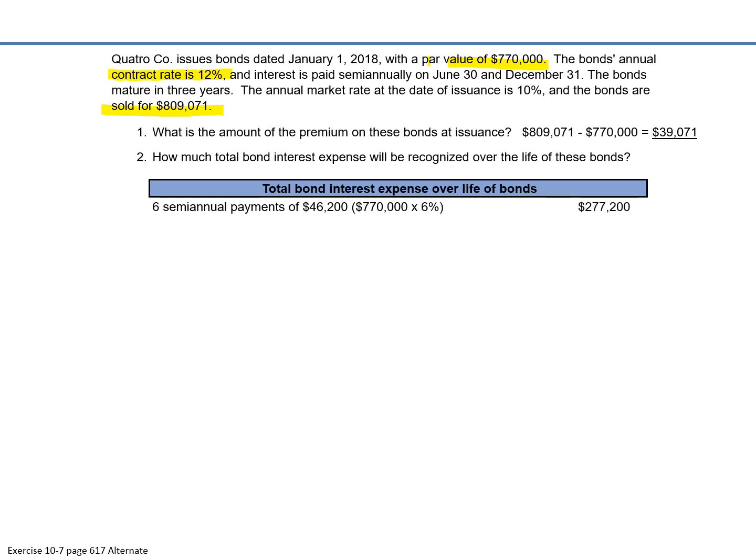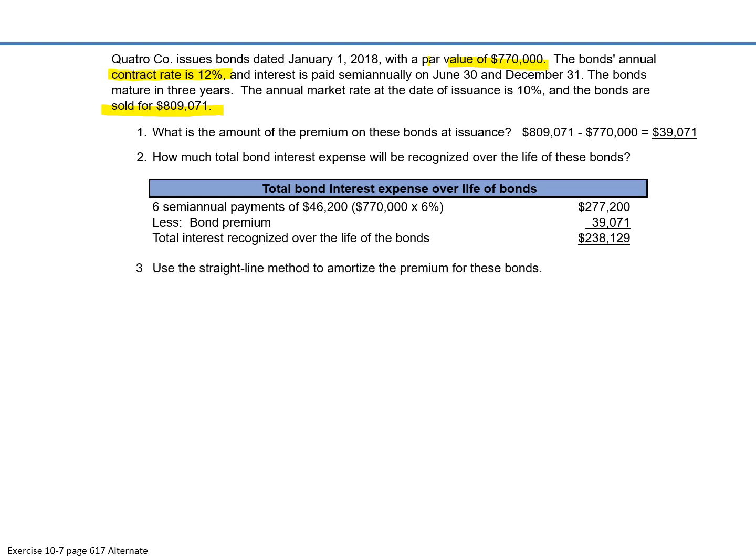So 6 times $46,200 is total interest payments of $277,200 over the life of the bond. We have a premium of $39,071 that is going to reduce our interest expense. So we have a net of $238,129.